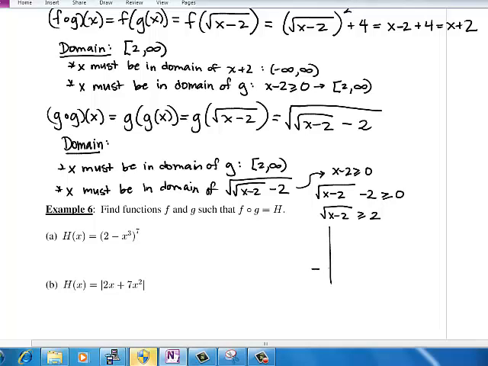If we think about that graphically, that's the square root graph shifted over 2. And we want to know where that graph is above 2. So it looks like once we're past 6, that would be good enough.